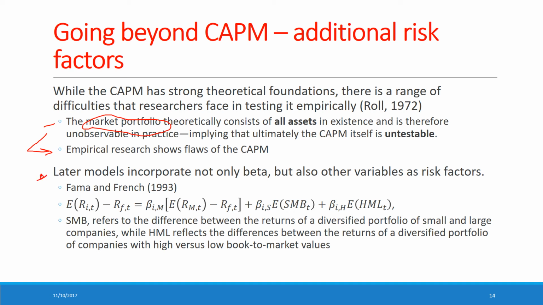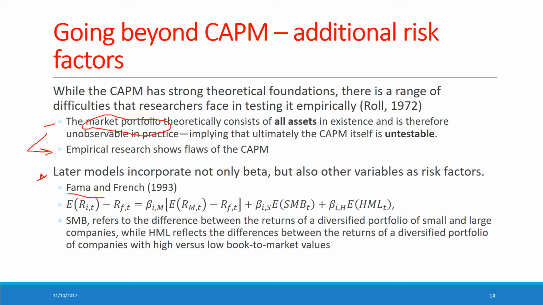that do not only incorporate beta as the only risk factor, but also incorporate other risk factors as well. What these people argue is that yes, systematic risk is priced, and unsystematic risk is not priced, but the CAPM model misses other important systematic risk factors, right?